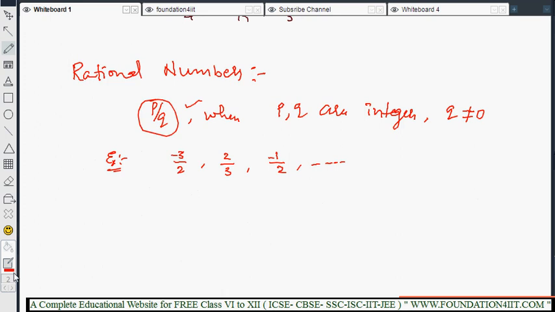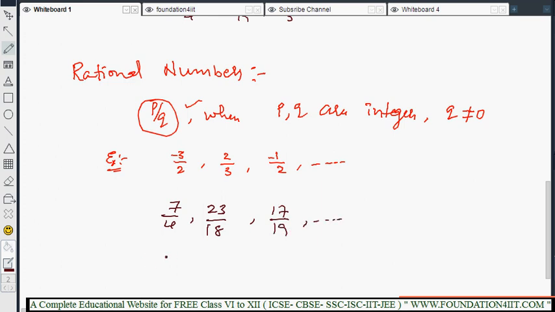Some more examples I'll give you. 7 by 4, 23 by 18, 17 by 19 and so on are all positive.